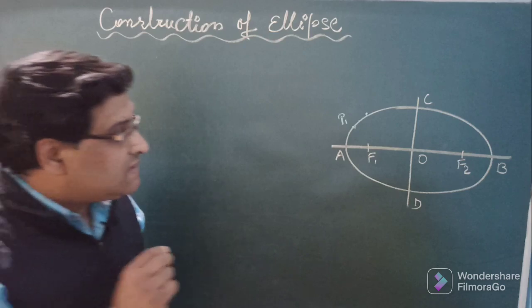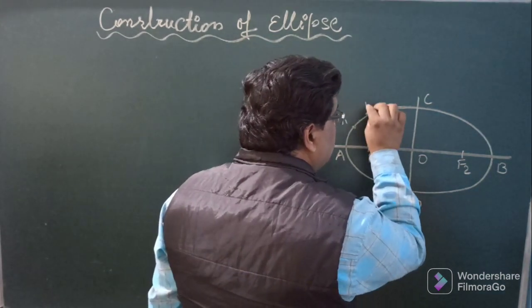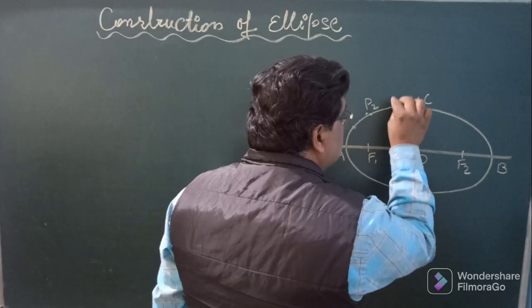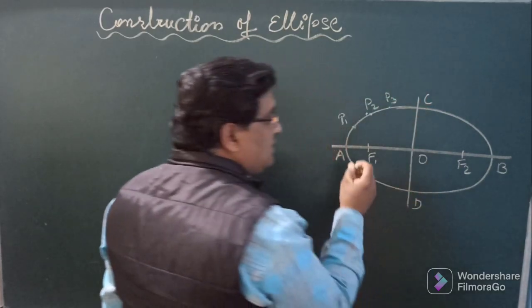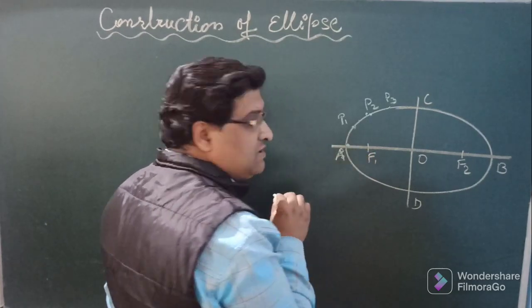Now let us understand one more definition of ellipse as per some points. Say P1, P2, P3 are the positions of this point which is initially at P0.